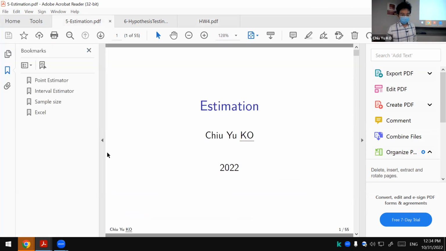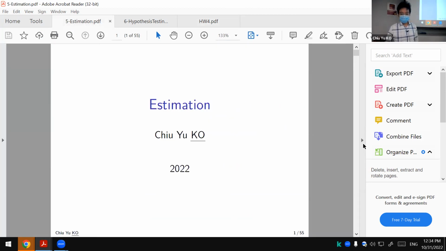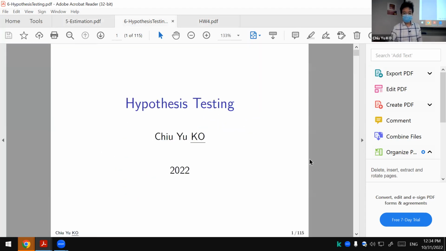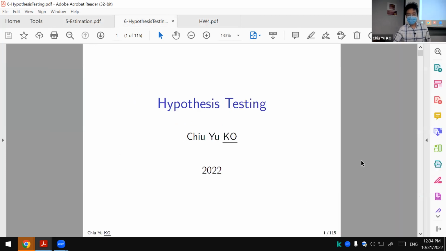Okay. So the goal today is that we will cover hypothesis testing, and this is going to be a rather long chapter. We expect to get it done in 2 weeks' time, so for 3 to 4 classes.